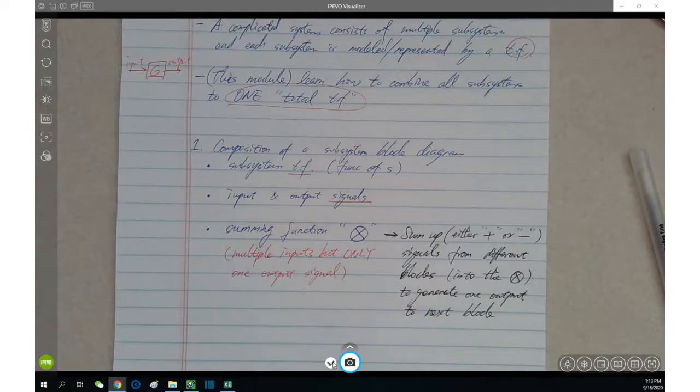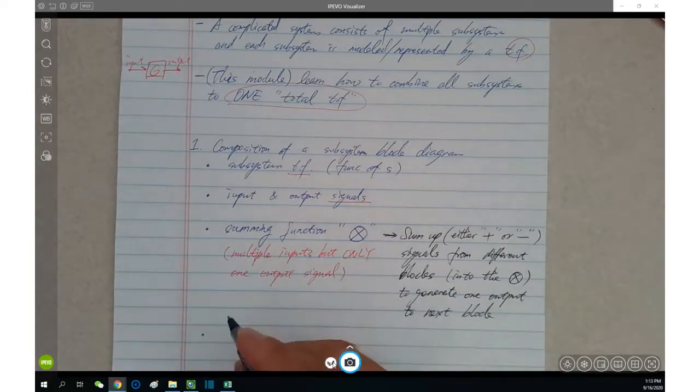If in your analysis you find something like multiple outputs of the summing junction, there's something wrong there. You can only have one and only one output signal. The inputs, of course, are very likely to be multiple.